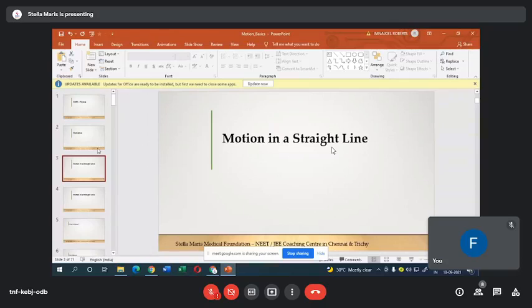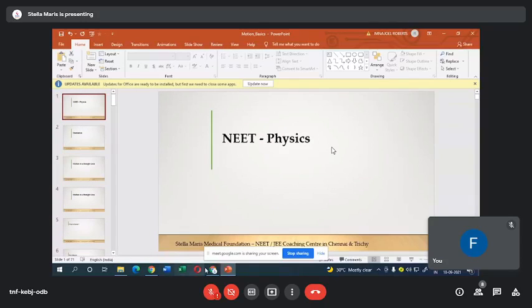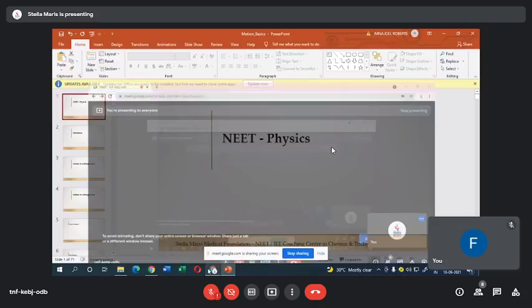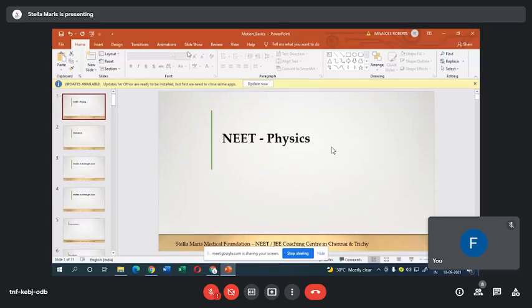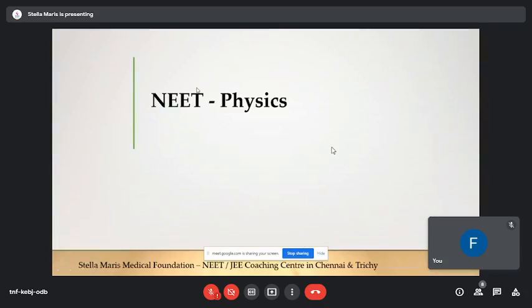Motion in a straight line. Another chapter is motion in a plane. So kinematics has two chapters: motion in a straight line and motion in a plane.